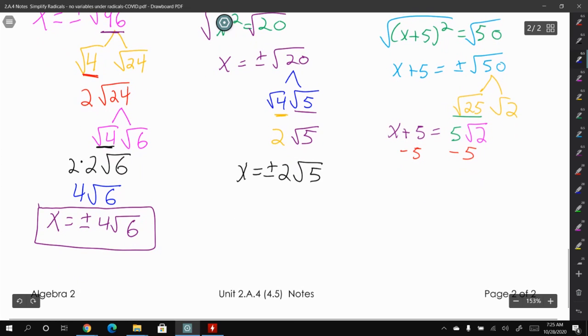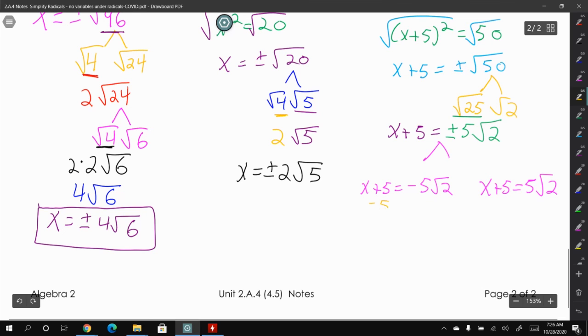And when you do that, whoops, let me go back real quick, I forgot about the plus or minus. So x plus 5 equals plus or minus 5 times the square root of 2. So then we'll have our two separate equations, x plus 5 equals negative 5 times the square root of 2, and x plus 5 equals positive 5 times the square root of 2.